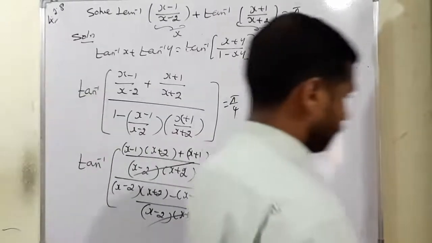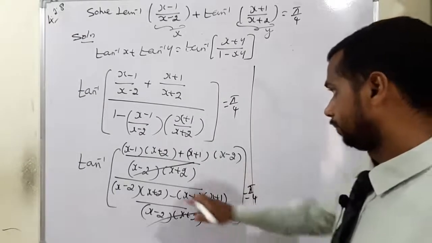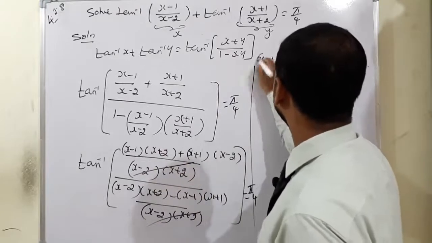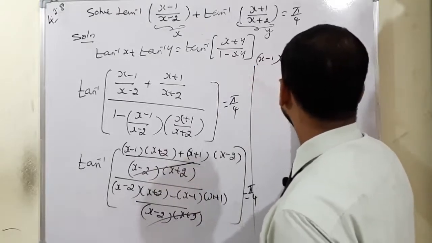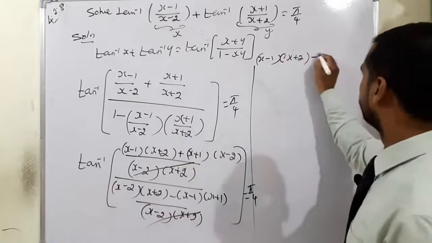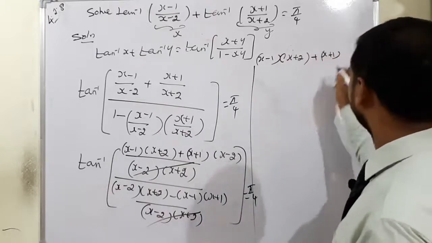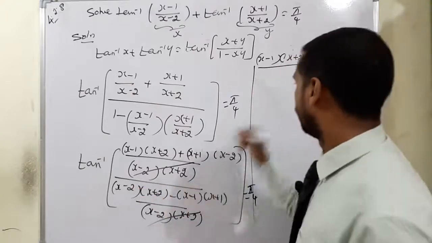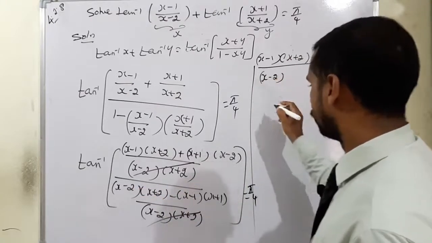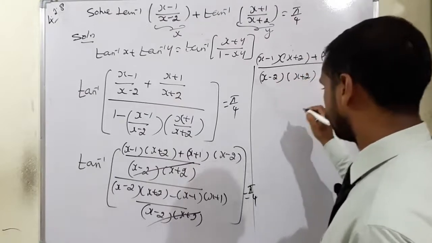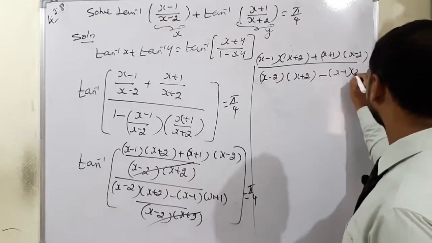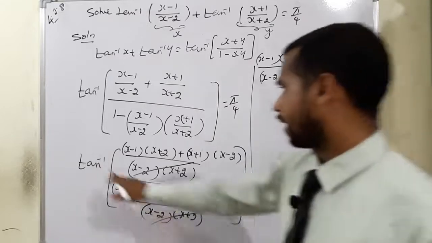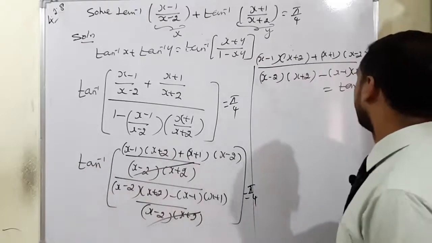So next step, after cancellation, (x minus 1) into (x plus 2) plus (x plus 1) into (x minus 2), the whole term divided by the denominator (x minus 2) into (x plus 2) minus (x minus 1) into (x plus 1), is equal to tan pi by 4, because the tan inverse is brought to the opposite side. Now what we have to do?